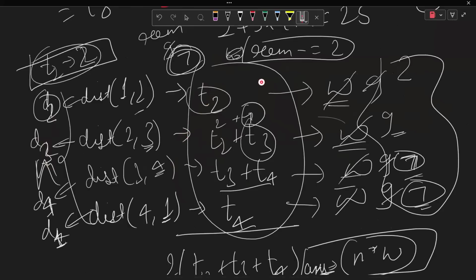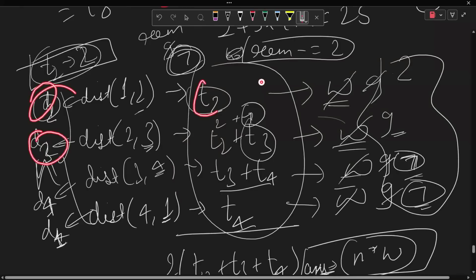So every edge would be contained in two of the Ds. When I need to update an edge, I would need to know which Ds I need to update. If this T2 is getting updated, I would go to this D2 and D3 and update them. So for this T2, I need to know which Ds it belongs to.